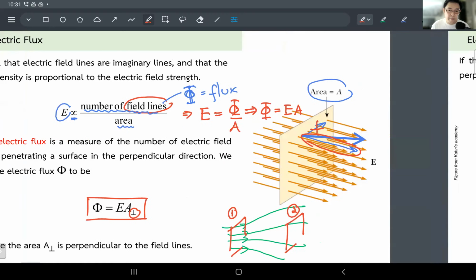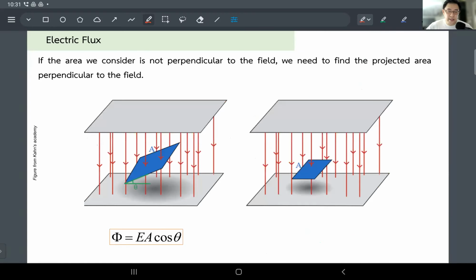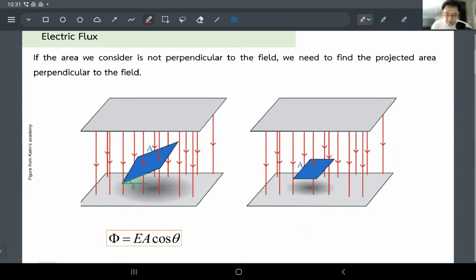So let's look at some comparison, shall we? Look at these two scenarios, guys, on the right and on the left. On the right, that looks kind of nice. That's what we want. We want the electric field piercing through the surface area in a perpendicular fashion. But in reality, it might go something like this.